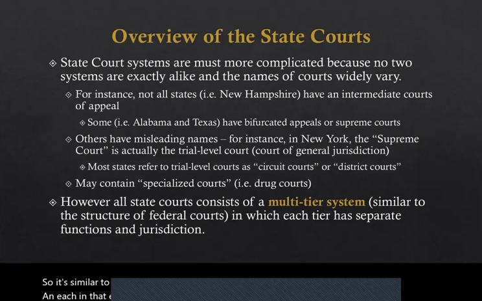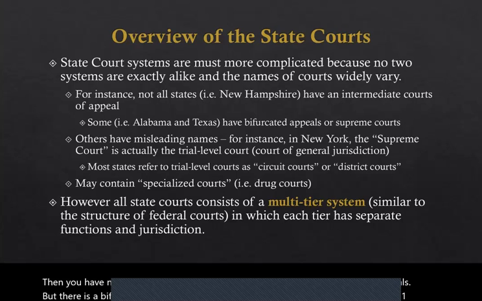If we think about New Hampshire, you have the trial courts, then you have the New Hampshire Supreme Court. There's no intermediate court of appeals, but there is a multi-tiered system. So there's not just one court and that's it.